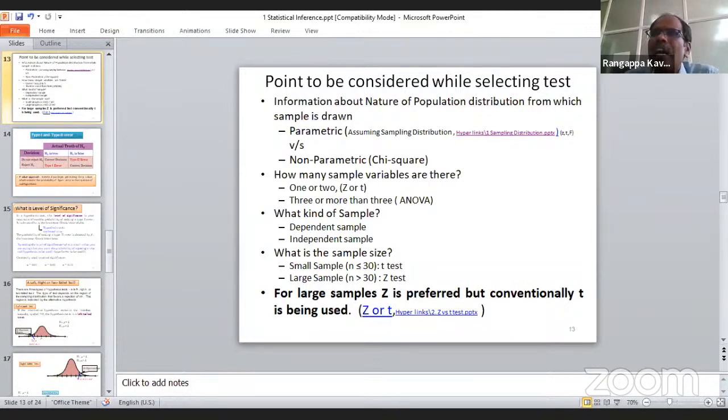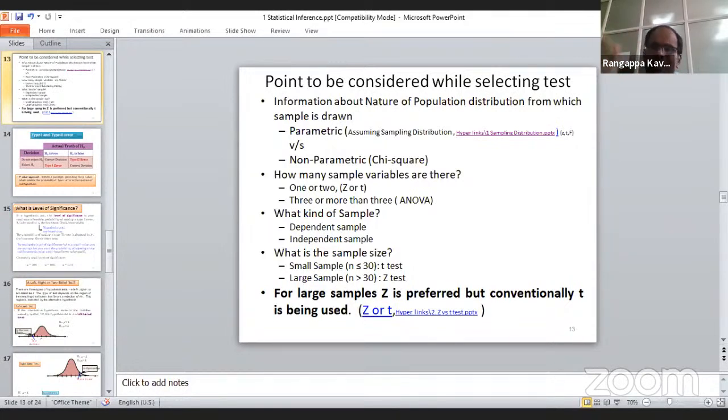The reason is that as the sample size increases, the t distribution almost resembles the normal distribution. Because of many good things with the t-test, people go for the t-test instead of the Z test. Many scholars ask, sir, I have seen many research articles where the sample size is large, but people have used the t-test.